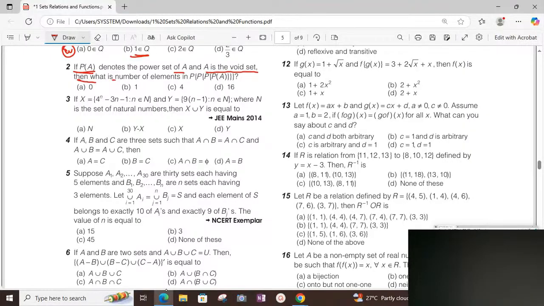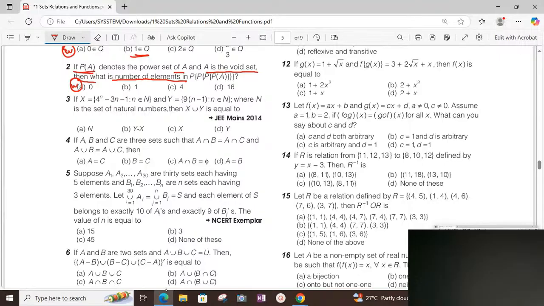Then what is the number of elements in the power set of the power set of the power set of the power set of A? It will be 0. Observe, there is no problem to understand the correct option of question number 2.